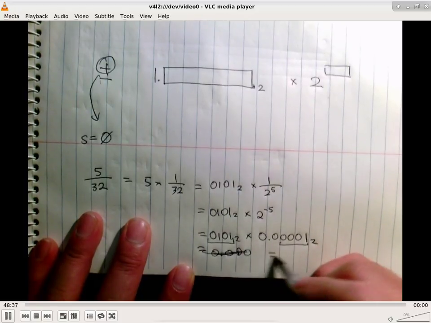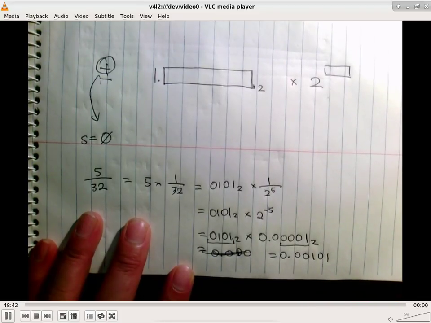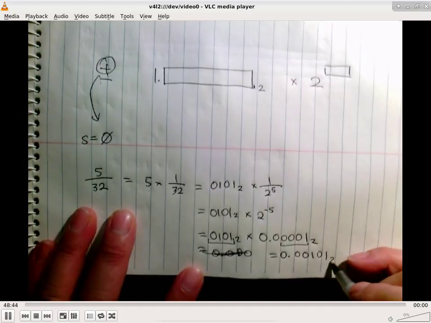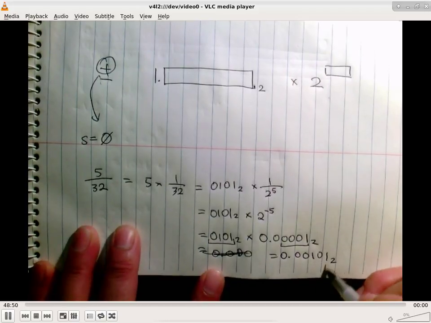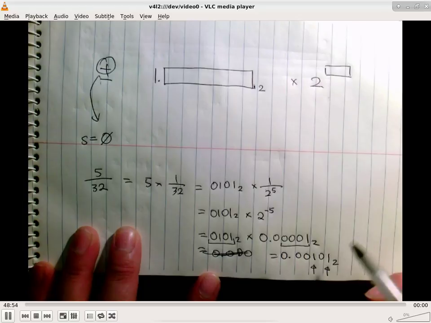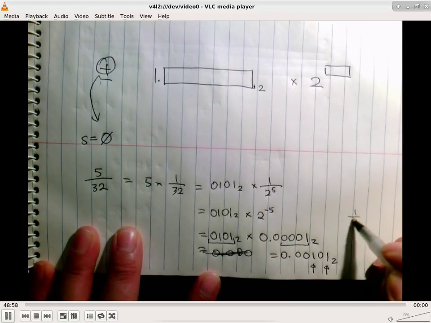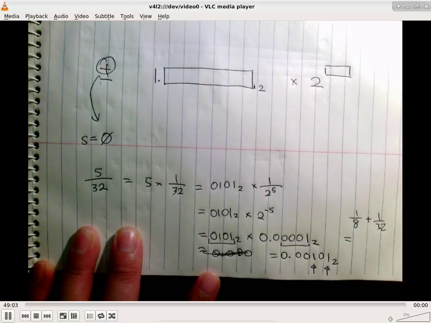So it's 0.00101 in base 2. We can always double check. So we got 1/32, and this is a 16th, this is an 1/8. So we have 1/8 plus 1/32. What do we get? 5/32. Very good.